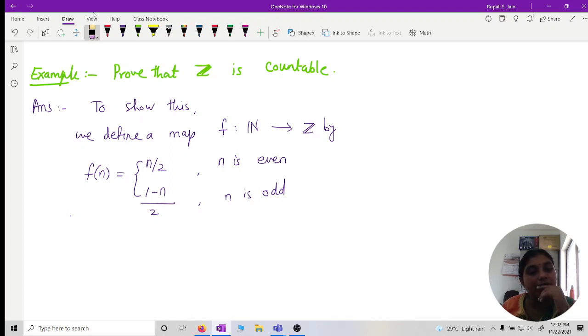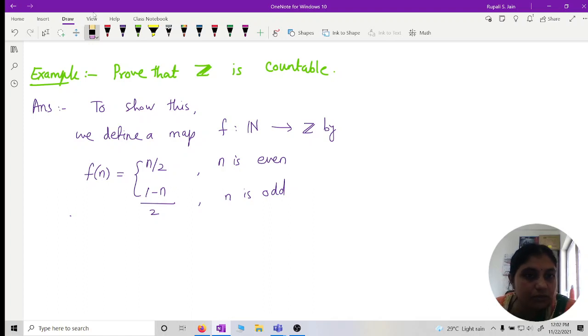And if I take even natural numbers, then I will get all positive integers. Is that right? Yes, ma'am.